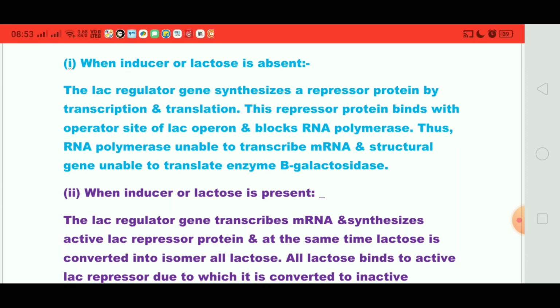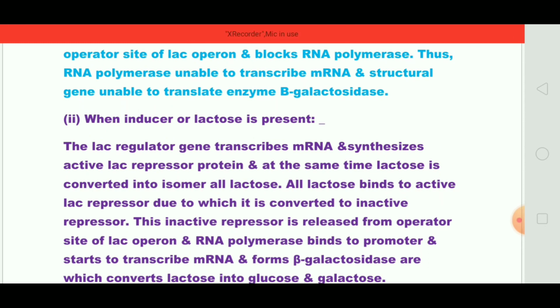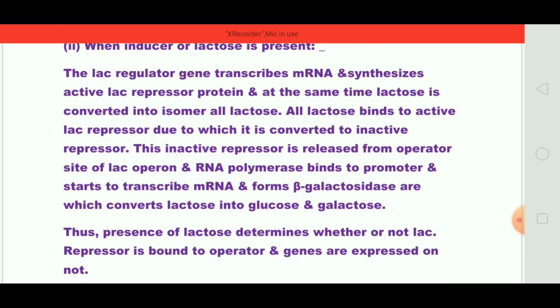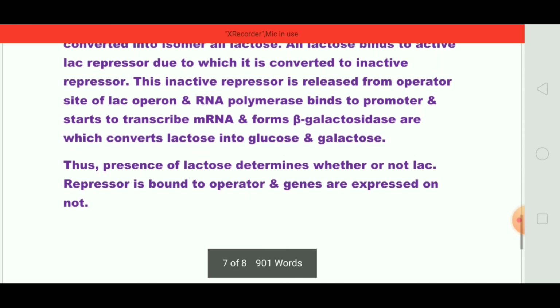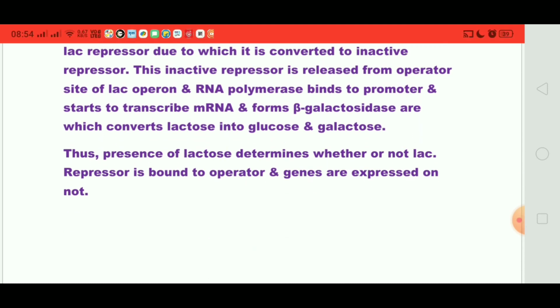When inducer or lactose is present, the lac regulator gene transcribes mRNA and synthesizes active lac repressor protein. At the same time, lactose is converted into isomer allolactose. Allolactose binds to the active lac repressor, due to which it is converted to an inactive repressor. This inactive repressor is released from the operator site of the lac operon, and RNA polymerase binds to the promoter and starts to transcribe mRNA and forms beta-galactosidase, which converts lactose into glucose and galactose.